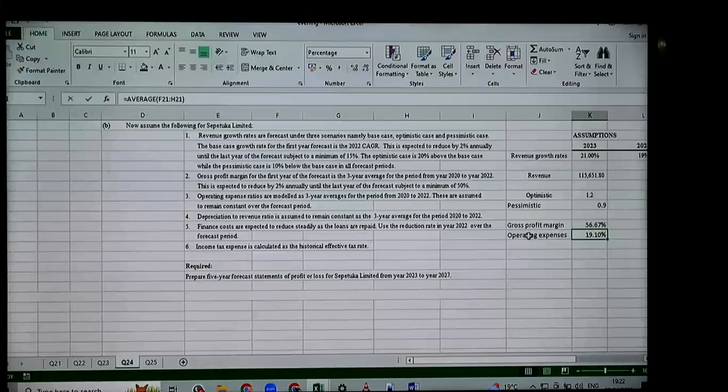We go to depreciation. Depreciation to revenue is assumed to remain constant as the 3-year average. So also it's the same thing.